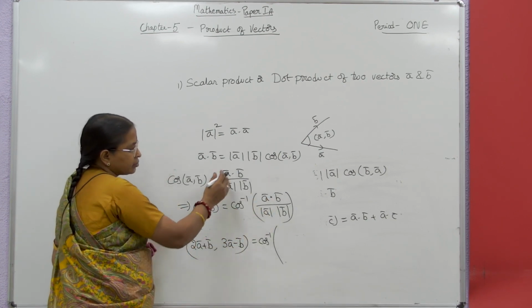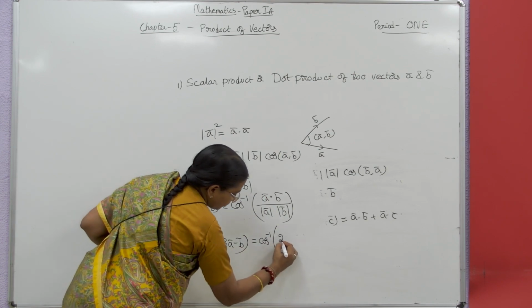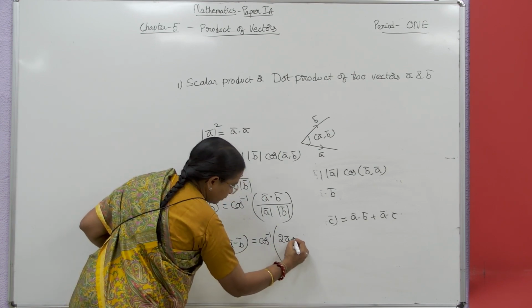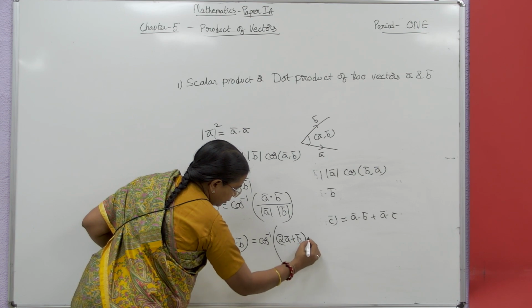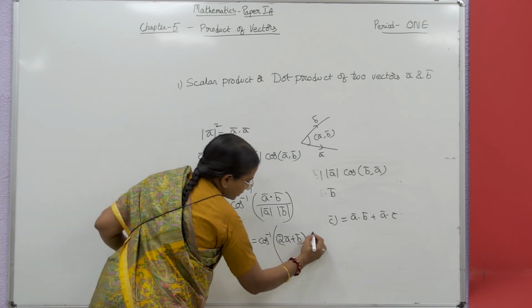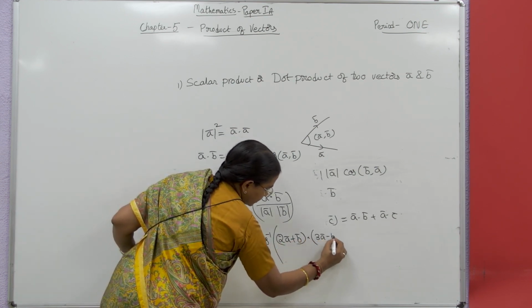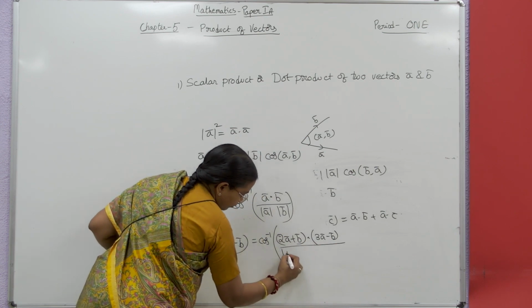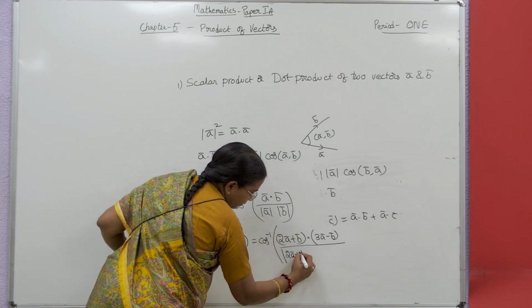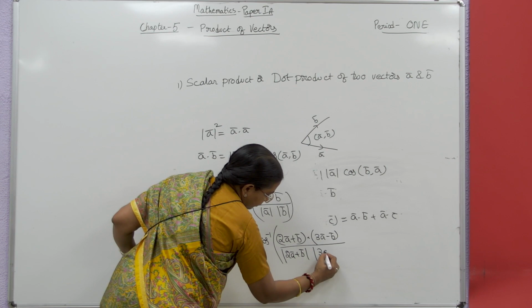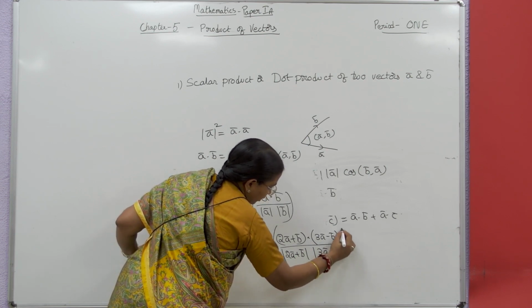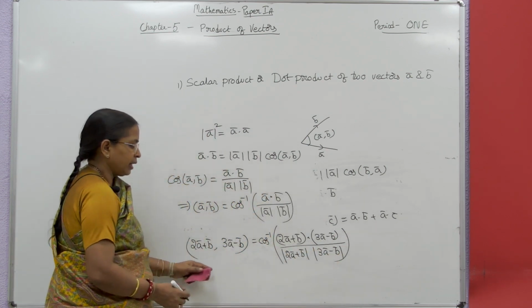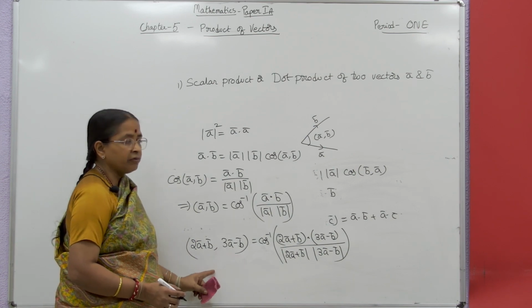Wherever you are writing, this dot should be visible, so that it represents the dot product. So 2A plus B dot 3A minus B by mod of 2A plus B into mod of 3A minus B.